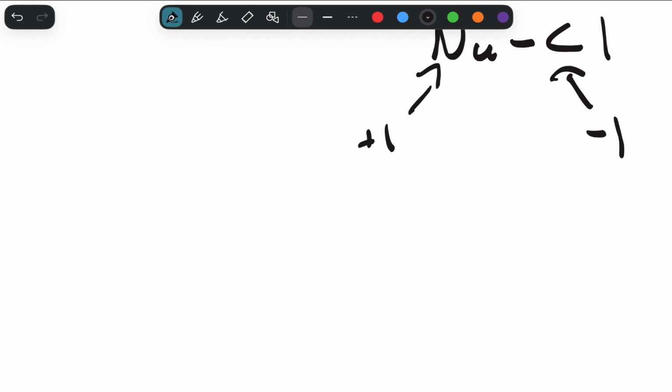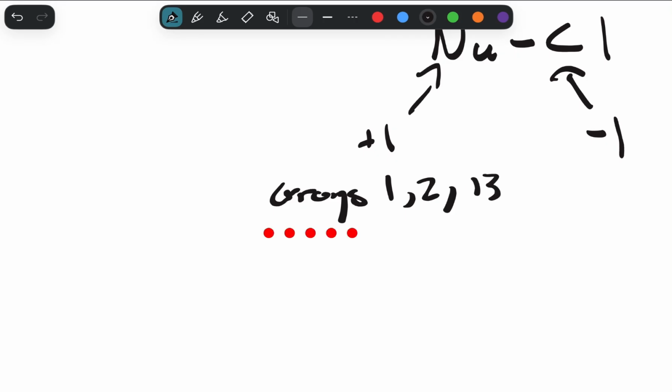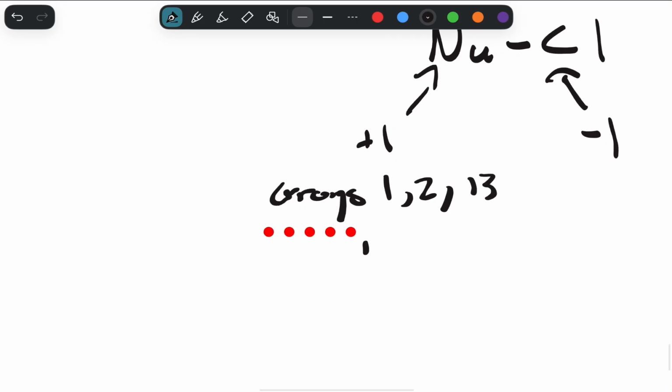Although there are non-metals that can be positive ions like NH4 plus or H plus, generally, because we talked about how the left is your metals, your left would be group 1, 2, and 13. When they ionize and become stable, they become +1, +2, and +3. Generally that's really it.